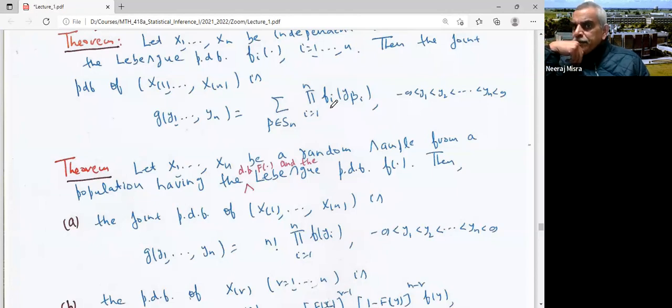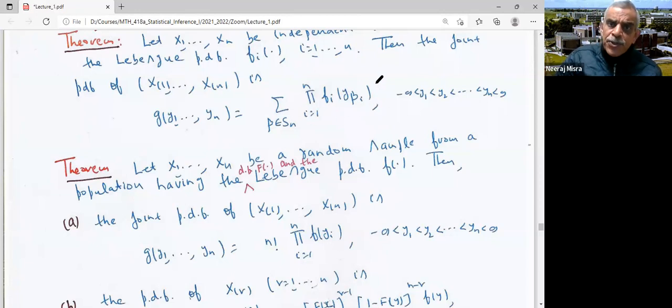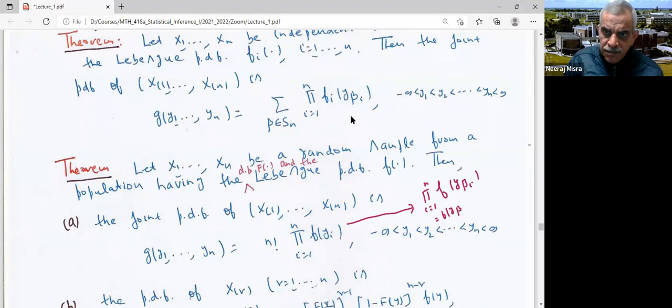So each of the products would be nothing but the product over i equal to 1 to n of f of y beta i, because each fi is the same. It is basically f of y beta 1, f of y beta 2, and it goes on to f of y beta n.